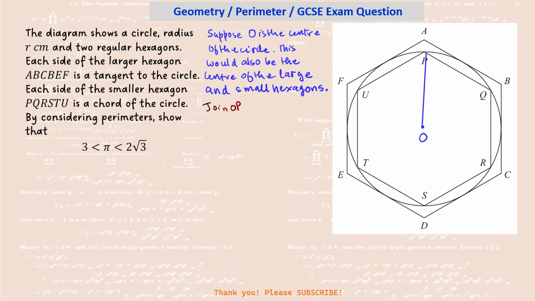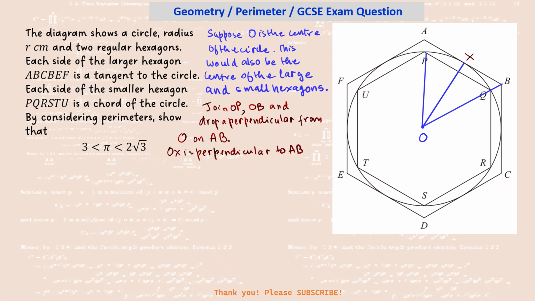Then what we do is we join OP, and then we join OB, and then we drop a perpendicular from O on AB.